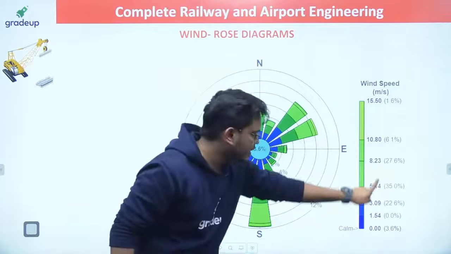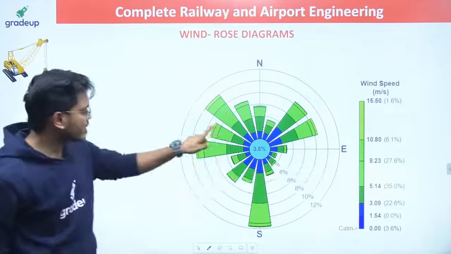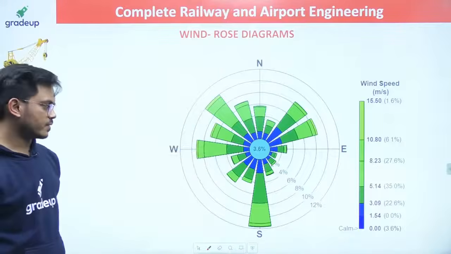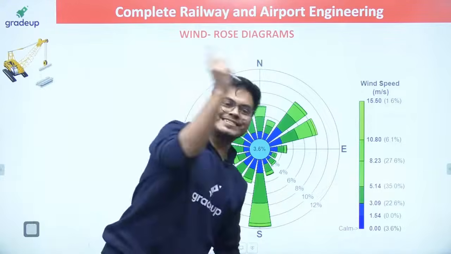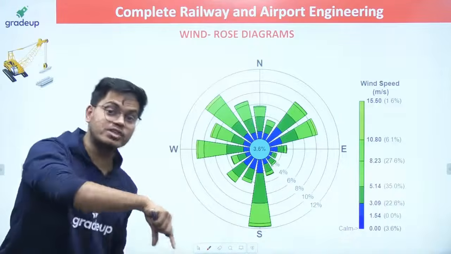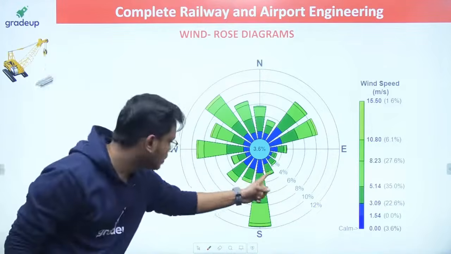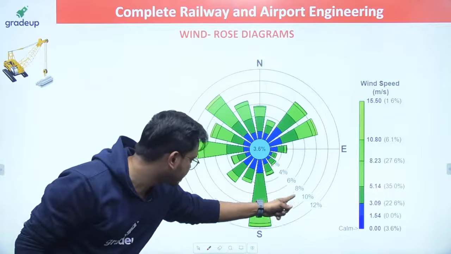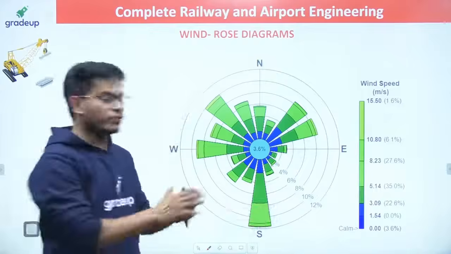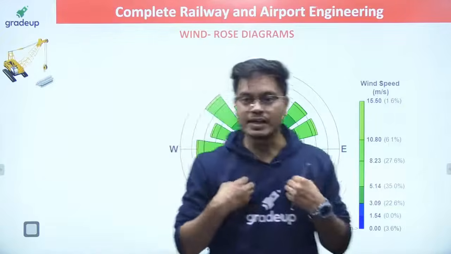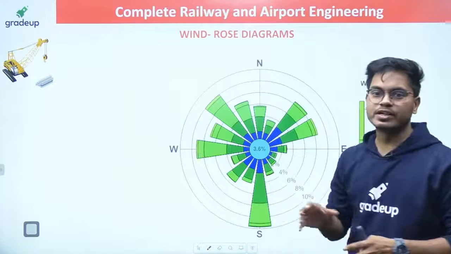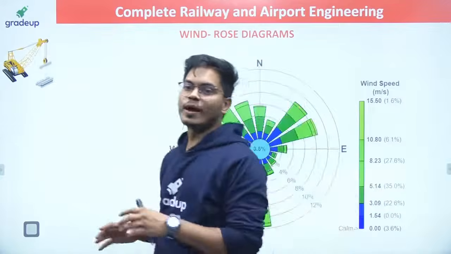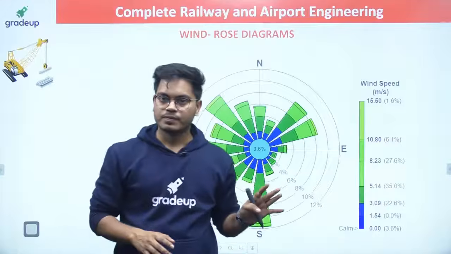So these colors are telling you the wind speed. Also, it is telling you for how much percentage of time that wind is sustaining: 2%, 4%, 6%, 8%, 10%. So in whichever direction I get the value of my wind coverage under the limit, I will provide my runway in that direction.